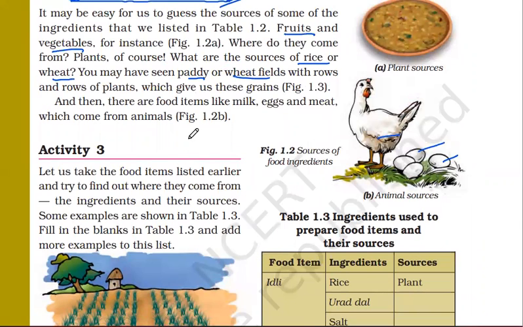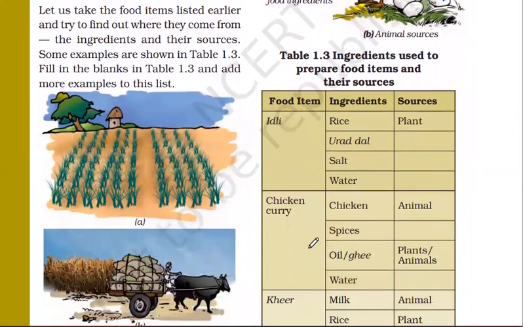Okay, so let's see some of the food items and let's prepare their ingredients and the source of those ingredients. For example, आपको इडली बनानी है तो इडली के लिए you need rice, dal, and dal is urad dal, salt and water. So what are the various sources of these materials? What are the different sources?